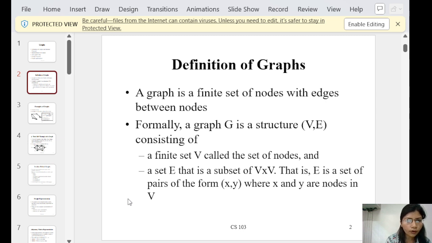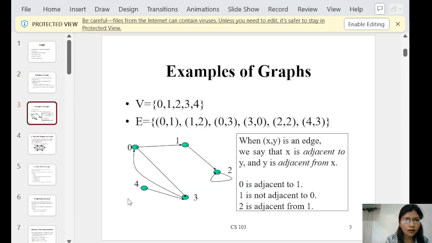Formally, a graph G, capital G, is a structure (V, E) consisting of a finite set V called the set of nodes and a set E that is a subset of V x V. Let's discuss an example of a graph.